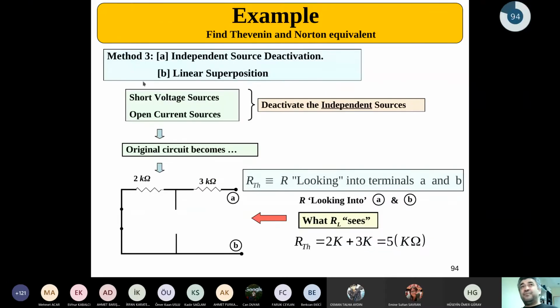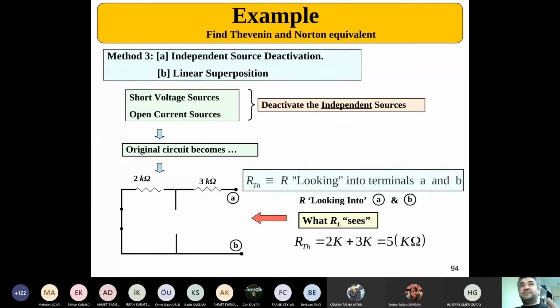Now the third method is kind of fancy, but still doable. It's nice. We can use the independent source deactivation technique in conjunction with superposition. The whole thing is a linear system, and linear systems satisfy something called the superposition principle.